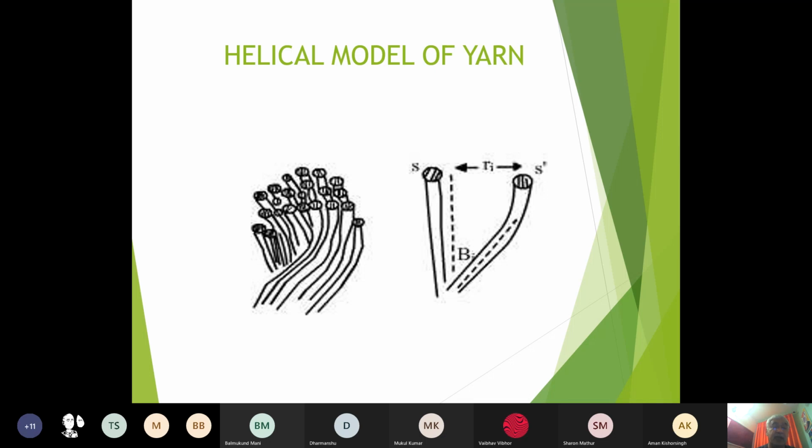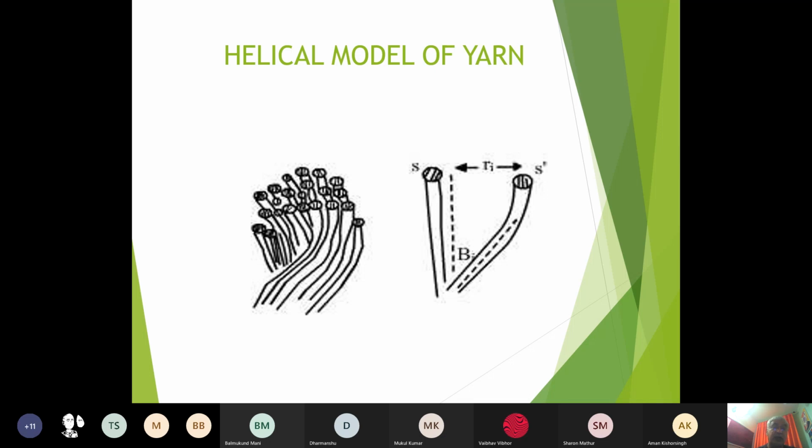So this is the situation. So it means that fibers are not straight and parallel to the yarn axis, which is indicated here. This is my fiber. Take a typical fiber, which is parallel to the yarn axis. But the same fiber, if it is inclined at angle beta from the yarn axis, and the distance of this fiber from the yarn axis is say Ri, so what is going to happen?